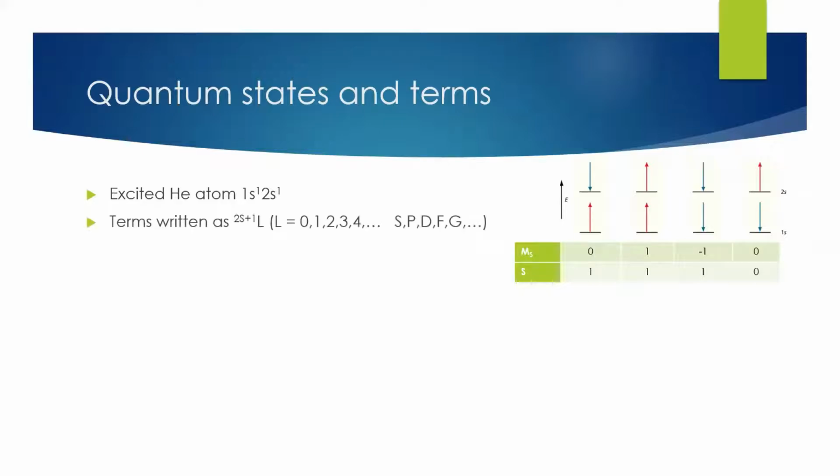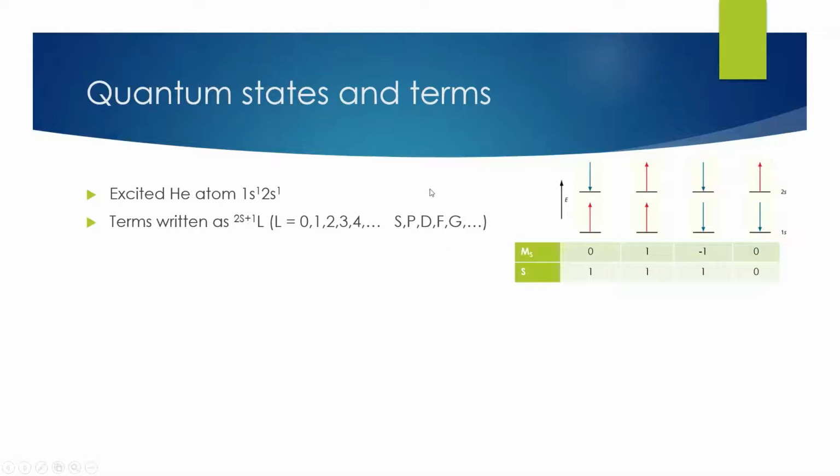The way that we write our terms, so we can talk about these terms, is they're written with a 2S plus 1 up to the left there, and then we have L here. For this state, our S is equal to 1, and so 2S plus 1 is 3, hence the name triplet state. And then the L is 0, and for capital L equals 0, we give it a capital S, just like lowercase l equals 0 is an s orbital.